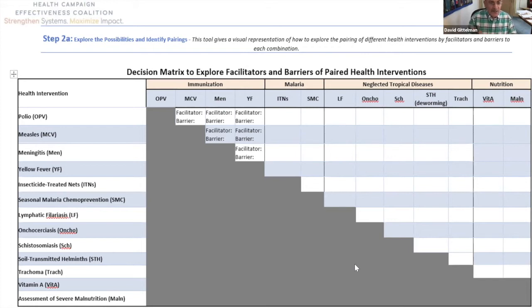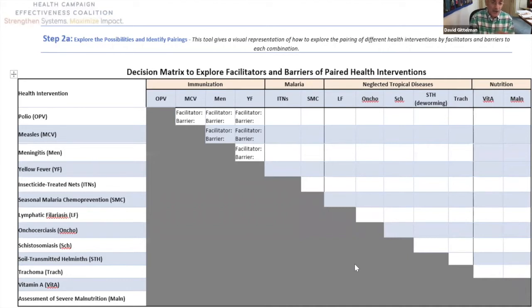So we started with what we call a decision matrix, where you're very simply listing all of the key interventions that the coalition focuses on at this point, other than in malaria, which is ITNs and seasonal malaria chemoprevention, looking at polio and other vaccine preventable diseases, NTDs, and then vitamin A and assessment of severe malnutrition.